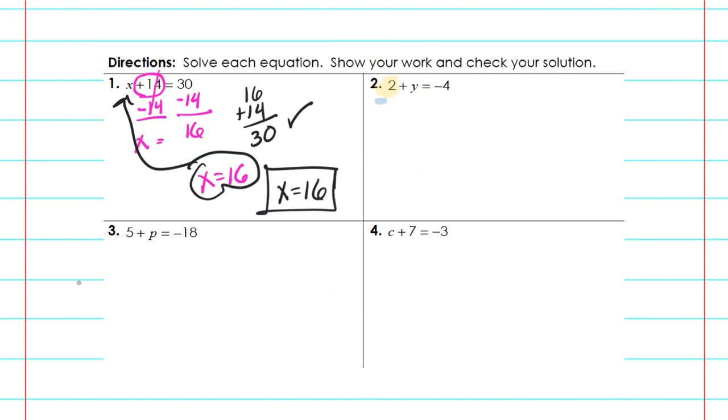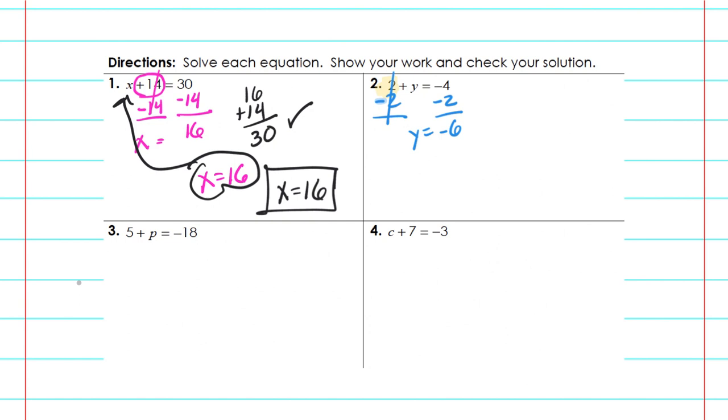Oh, let's write with a pencil here. So subtract 2. If I subtract 2 from one side, I have to subtract 2 from the other side. Positive 2 minus 2 turns out to be 0. And now on the other side, I have negative 4 minus 2. And remember, if I have negative $4 in my bank account, I take $2 more out of my bank account, I will end up with negative 6. Then bring the rest of the information down.